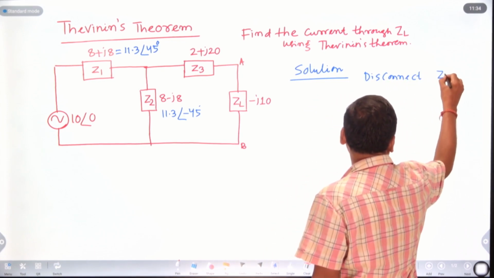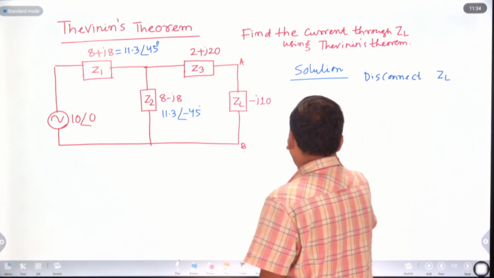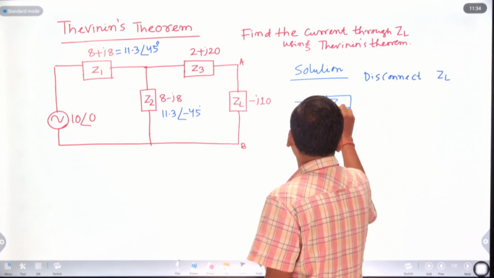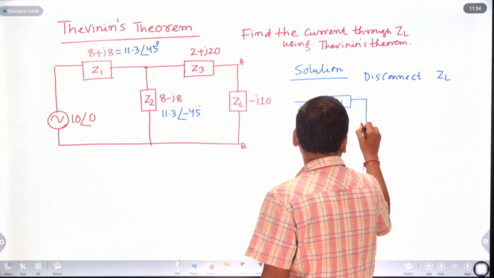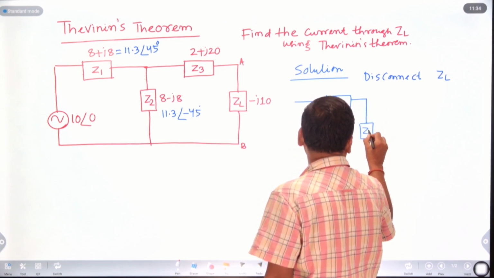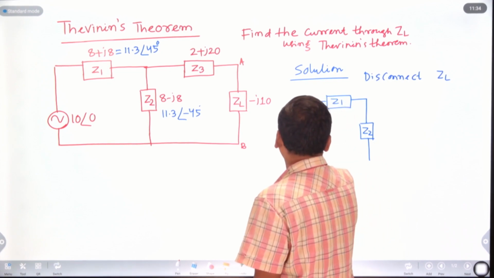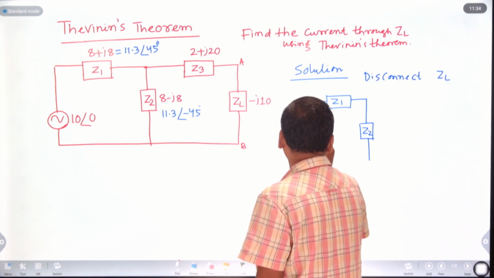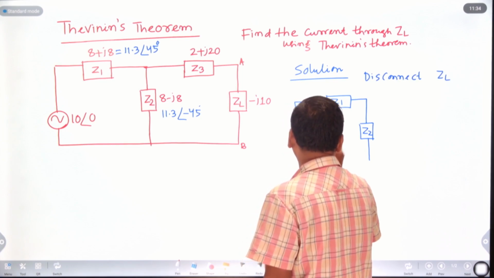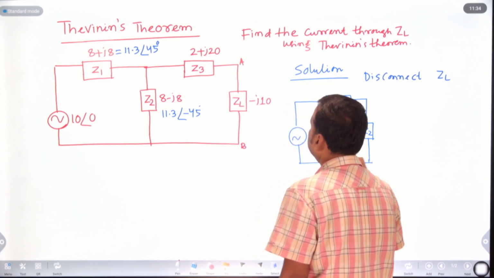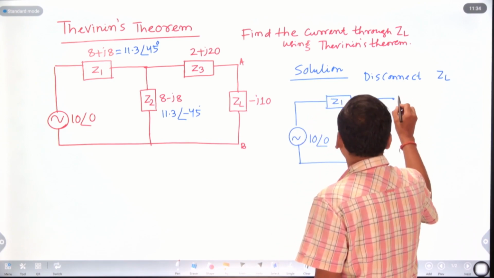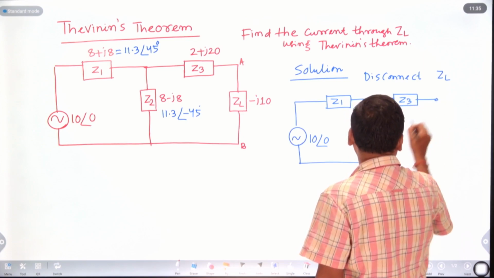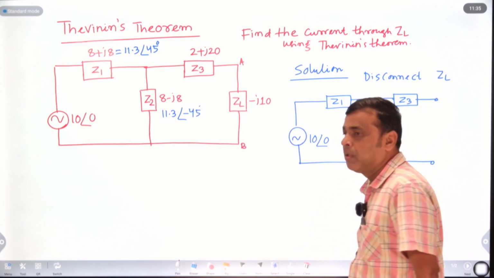Disconnect ZL, and your circuit is like this. This is your Z1 and this is your Z2, then this is the source voltage here, and here there is Z3.